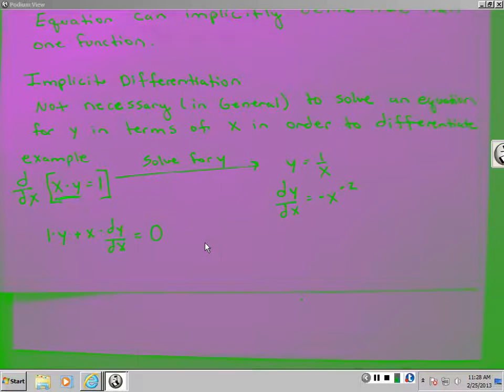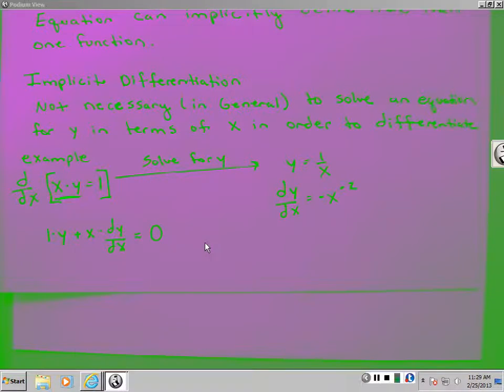So if x is a function of t and y is a function of t, then I'm going to have to do that separately. And that's really Calc 3. You'll get into multivariable calculus. Here in implicit differentiation, we have two variables, an x and y, but y is really a function of x. So anytime we differentiate it, we have to treat it as dy dx, right?